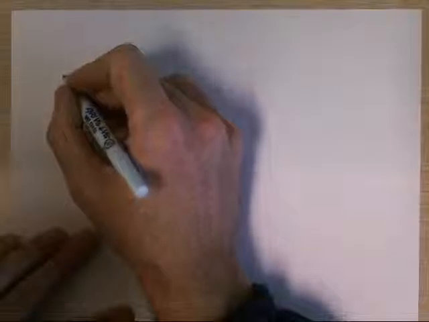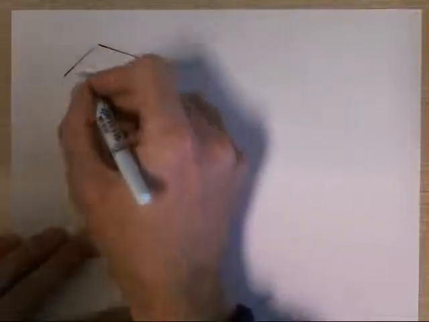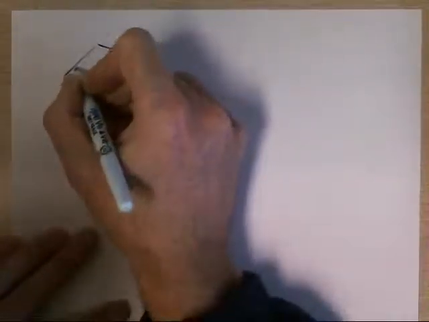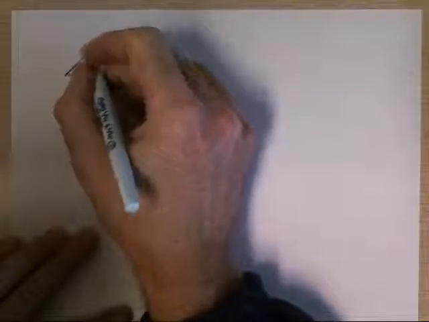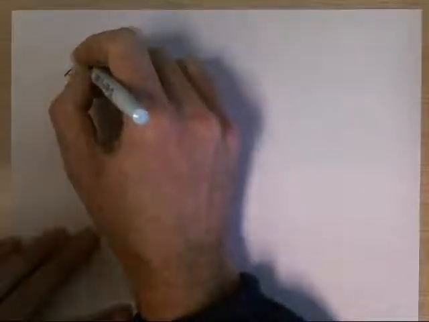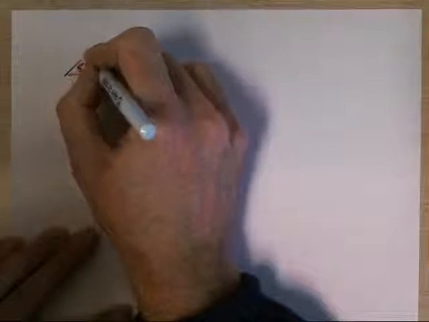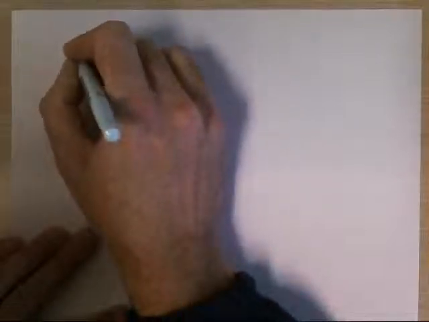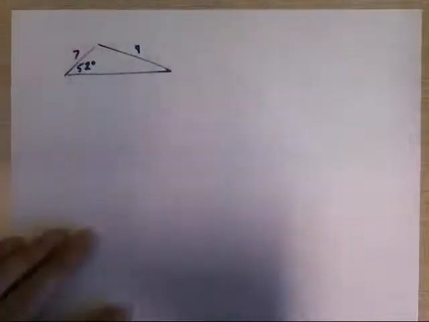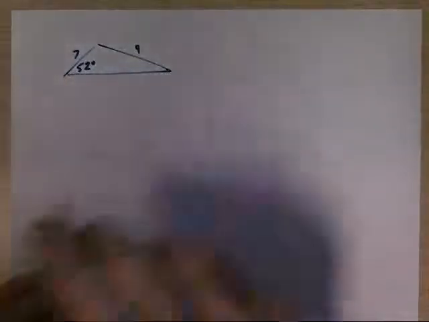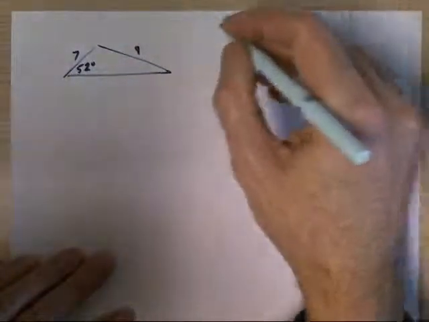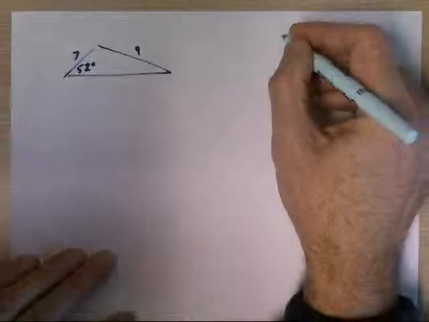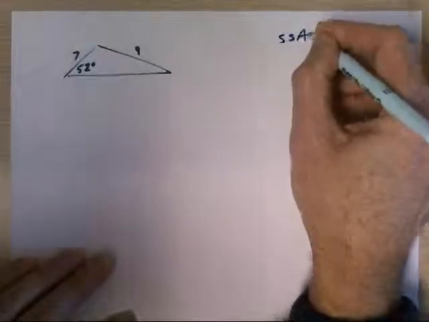Here we go. How about if I give you this information? How about an angle here of, let's not just do 5, how about 52 degrees? This is 7, this is 9. That's the information. So what I have here is either angle side side or side side angle, depending on how you want to do it.